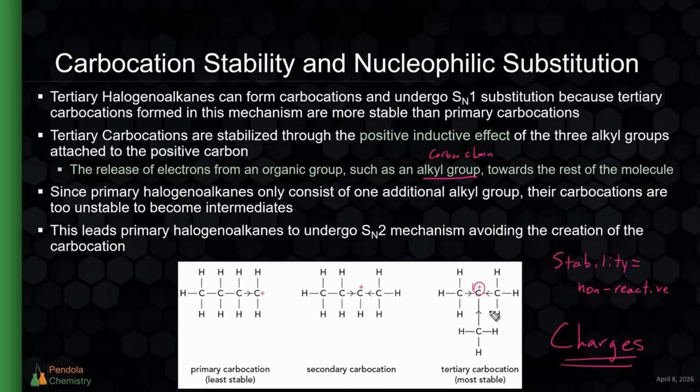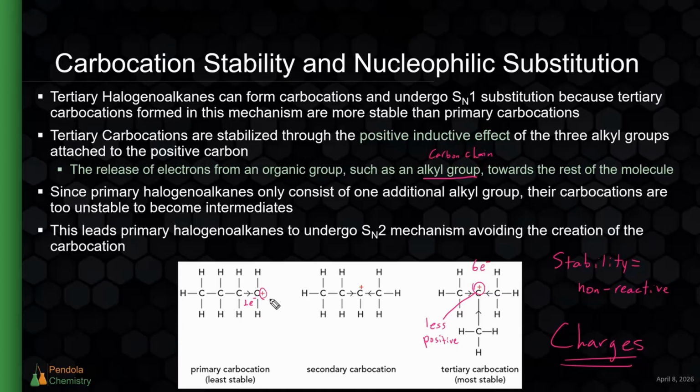The positive charge of a tertiary carbocation has 6 electrons, which are negative, counteracting the positive charge. Meaning the positive charge on a tertiary carbocation is less positive than the positive charge on a primary carbocation, which only has 2 electrons dampening that positive charge.